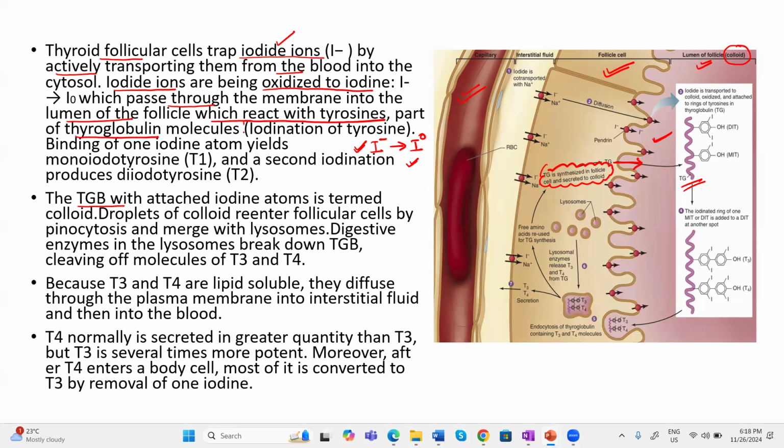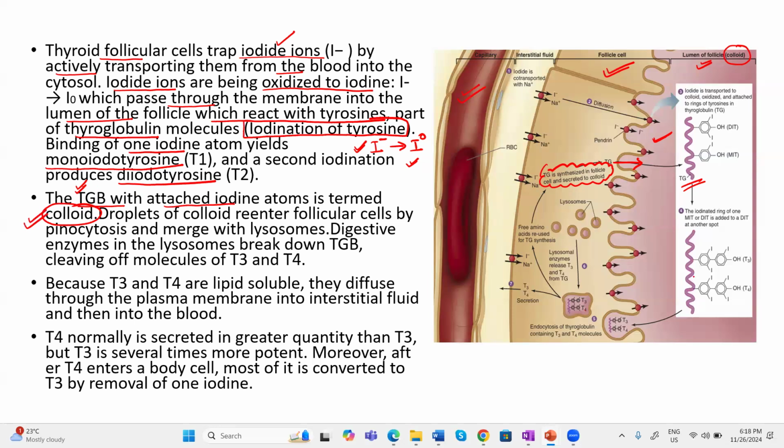We will say this process is iodination of tyrosine. If one iodine atom binds, we will say monoiodotyrosine. If two bind, then we will say diiodotyrosine. Is it clear? Now, the thyroglobulin molecule with attached iodine is known as colloid. This is known as colloid.